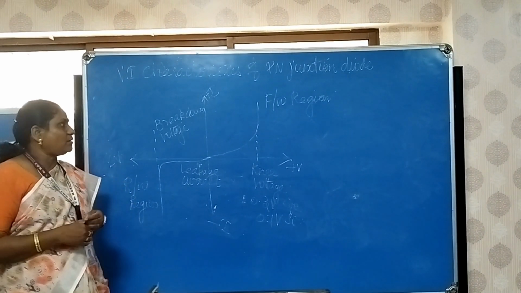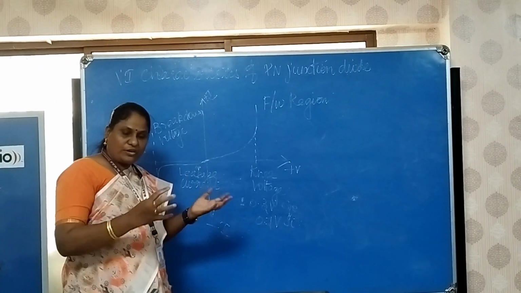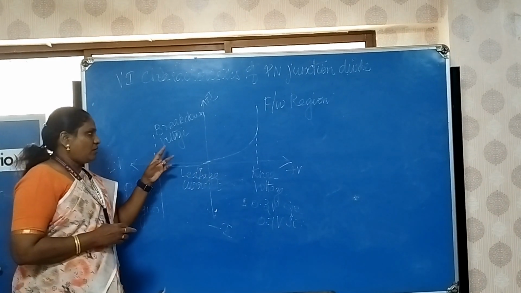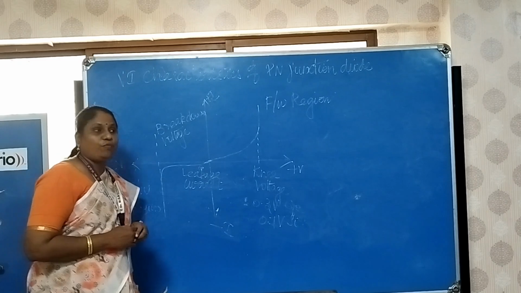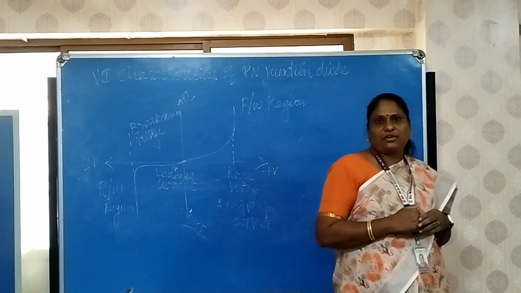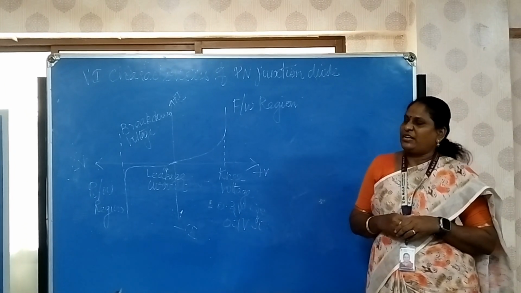In the communication system, it acts as a detector to demodulate the modulated signals. In the receiver section, the PN junction diode plays a vital role in the detection of signals. Communication signals can be detected with the help of this PN junction diode.